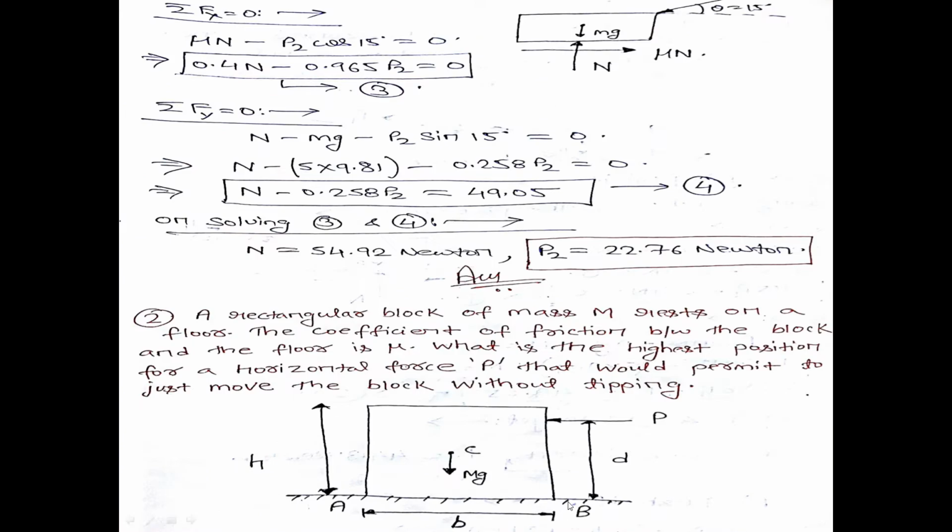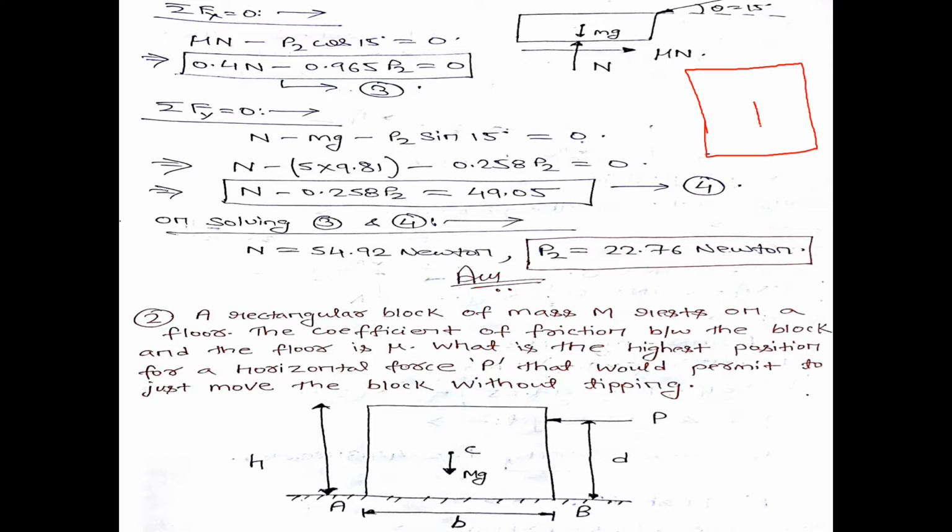If that is the case, there will be no normal reaction which the floor will provide to this block at point B. Only a normal reaction will be provided by this floor to this block at point A. So the free body diagram will be: I have this vertical rectangular box.